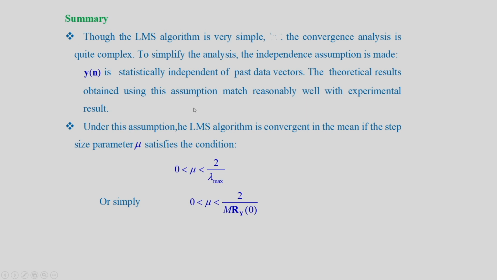The theoretical results obtained using this assumption match reasonably well with the experimental results. Under this assumption, the LMS algorithm is convergent in the mean if the step size parameter mu satisfies this condition: 0 < mu < 2 by lambda max, or simply mu lies between 0 and 2 by m into r(0).